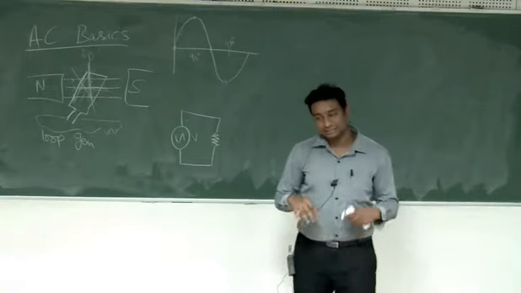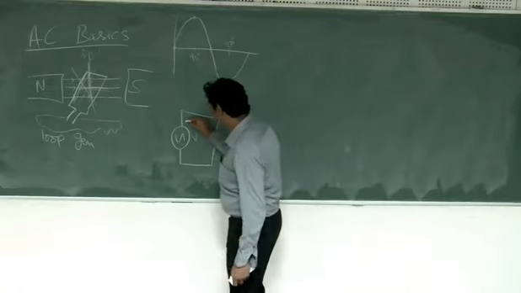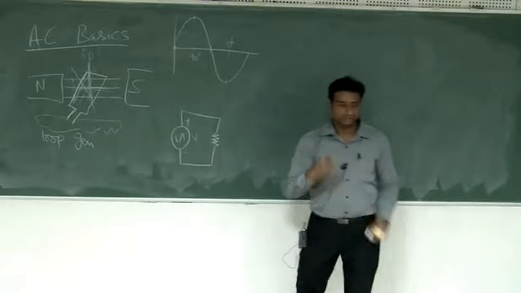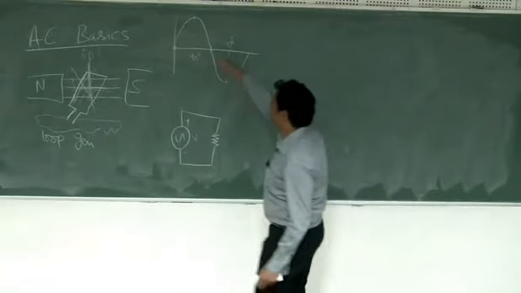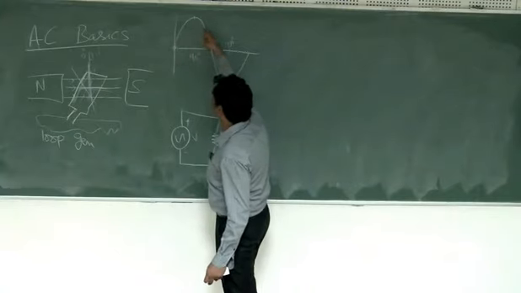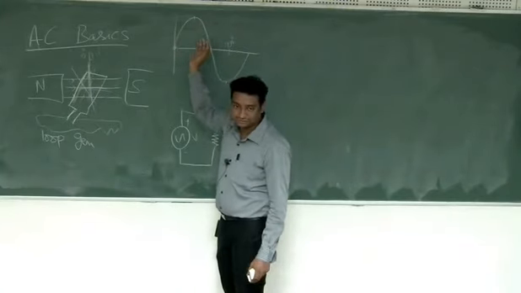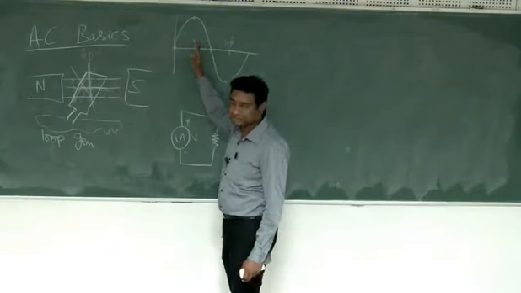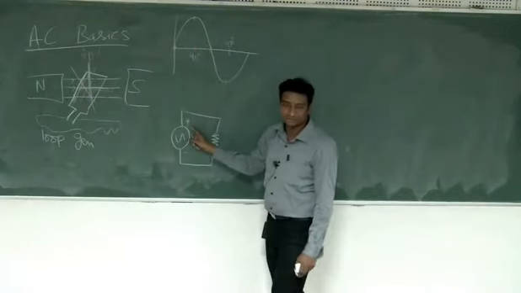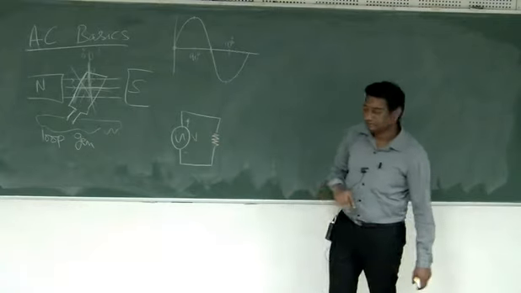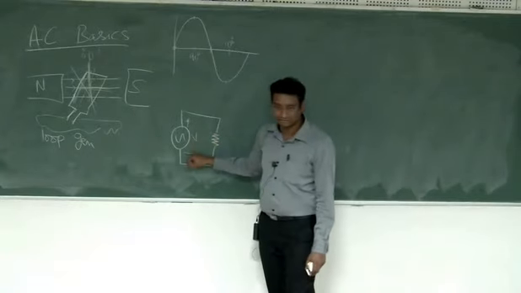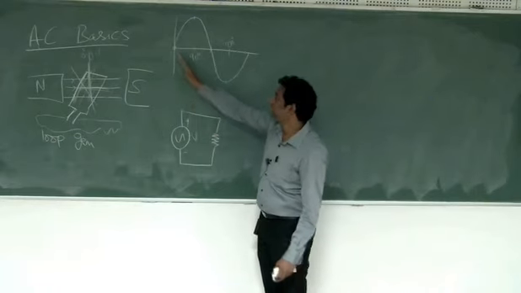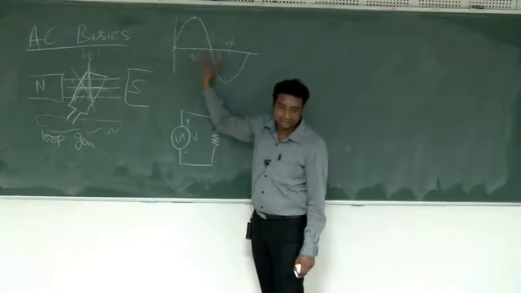But we can still represent this as plus and this as minus, just to give a reference that this one is going positive on the first half cycle. After starting from the reference point, it is going plus in this direction, just to indicate that we put this plus here. So it does not mean this is always plus, always minus. It is changing, but it starts with a plus because I am referring my x-axis from here.